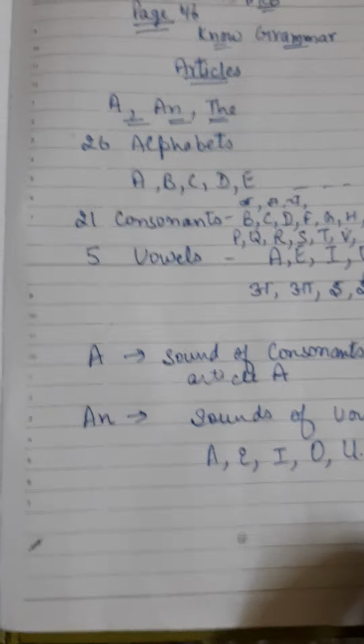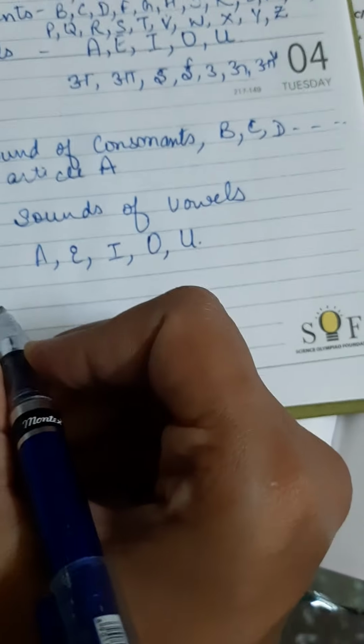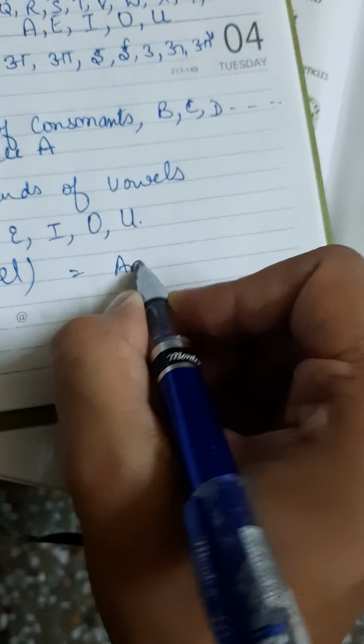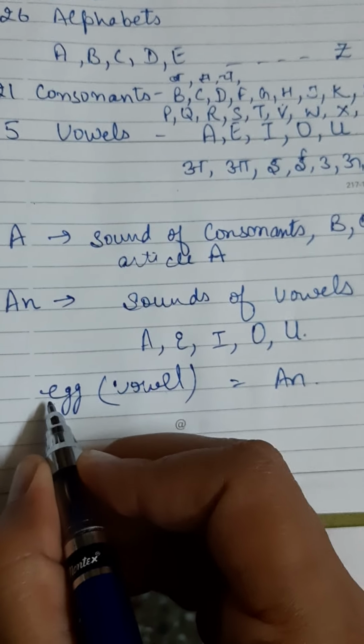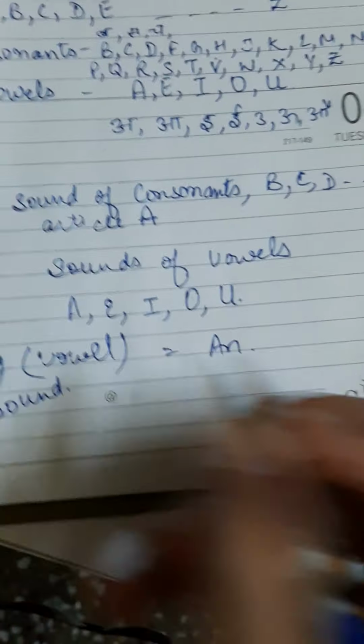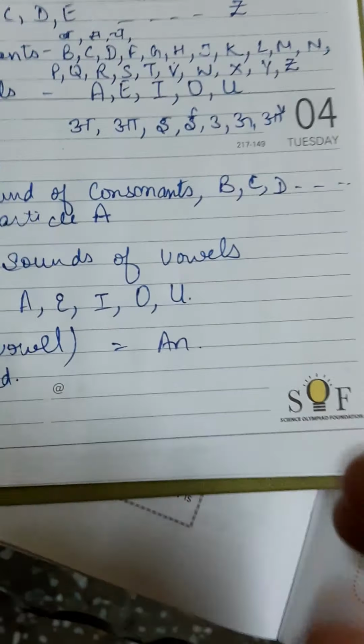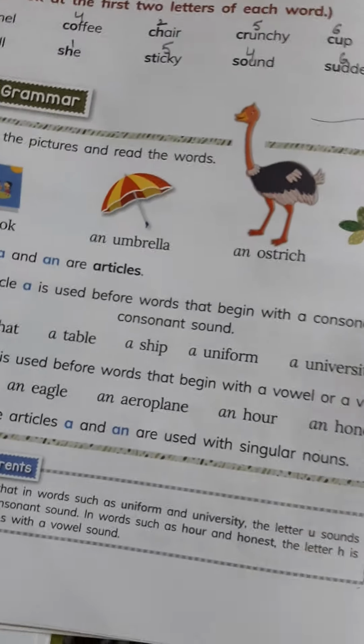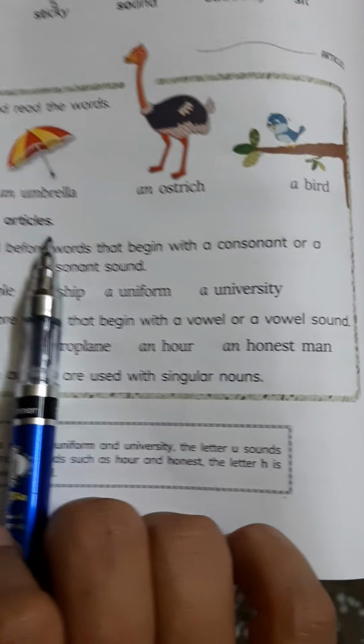Earlier what you people were doing is, if the beginning of the word is a vowel, you were using an, that is right. But now the main thing is we have to see the sound. The word which gives the sound of vowel, over there we have to use article an. Clear? And the word which gives the sound of consonant, there we are using what? Article a.